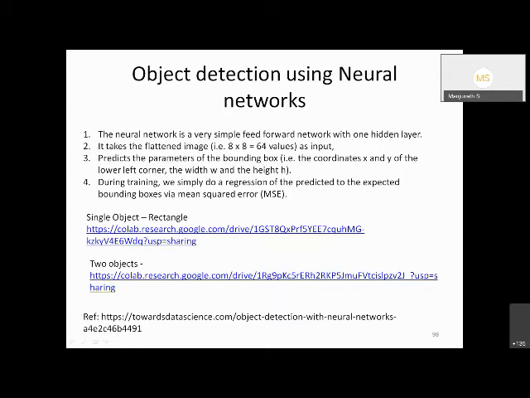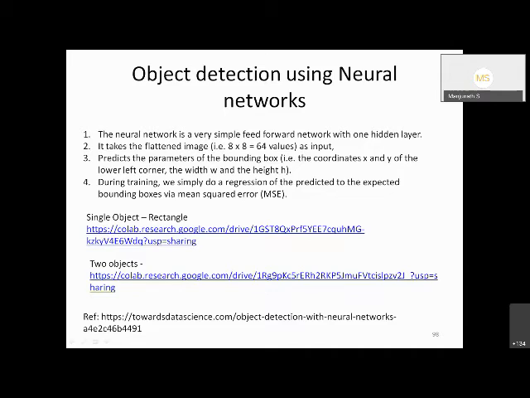Now the neural network, I have used a simple single dense layer, which predicts these four values. And as this is a prediction, we are not using accuracy as a measure. We are using the mean squared error as a measure to update the loss values, like for back propagation.